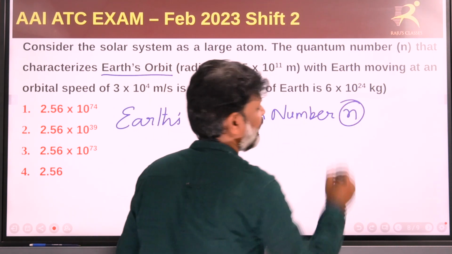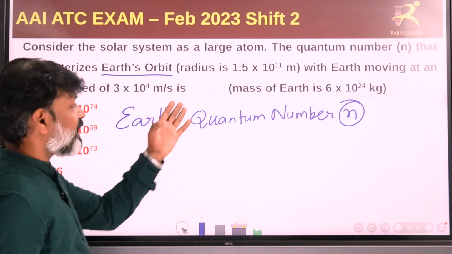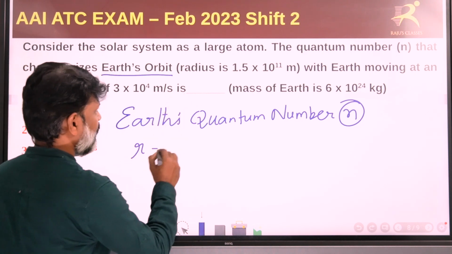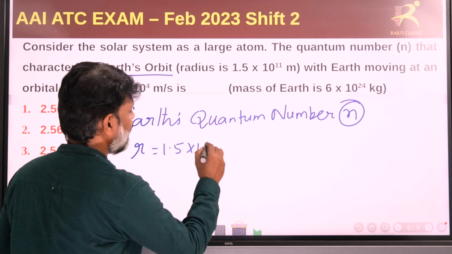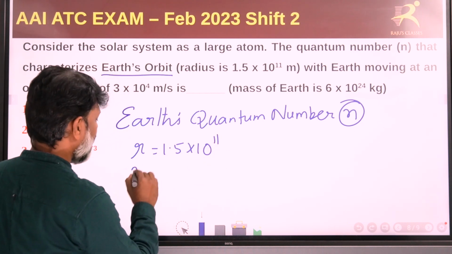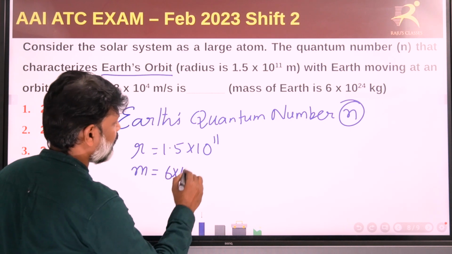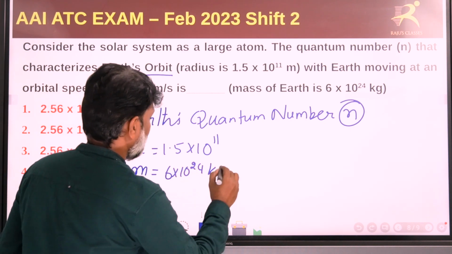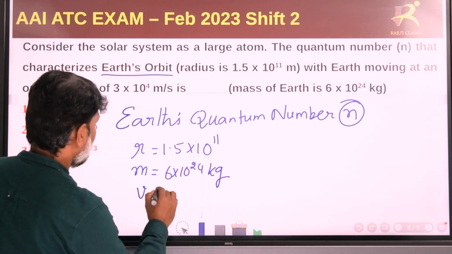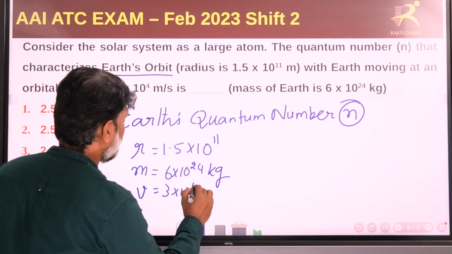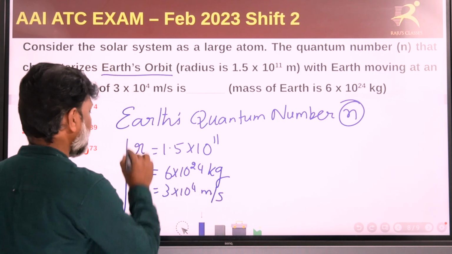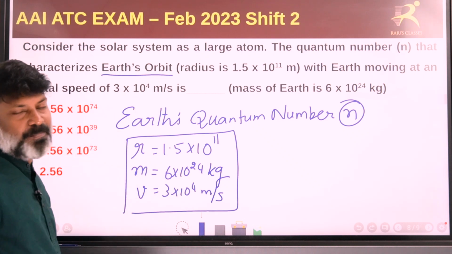They have given the radius as 1.5 into 10 power 11, the mass as 6 into 10 power 24 kg, and the velocity as 3 into 10 power 4 meter per second. These data have been given in the question paper itself.